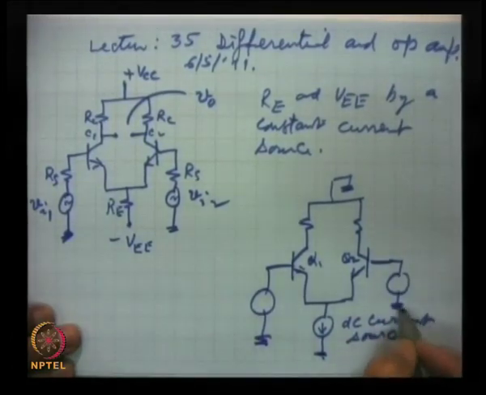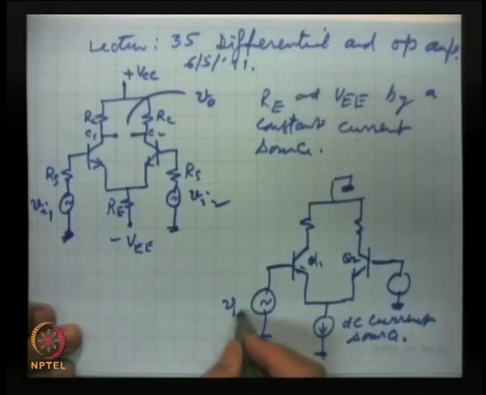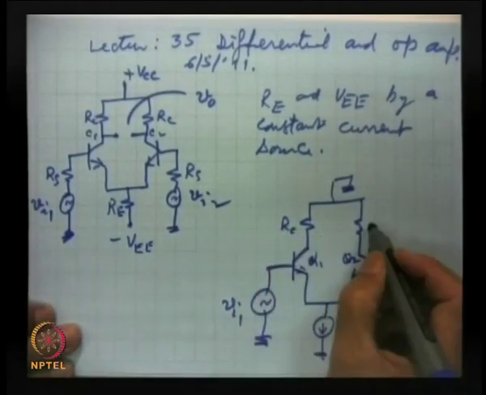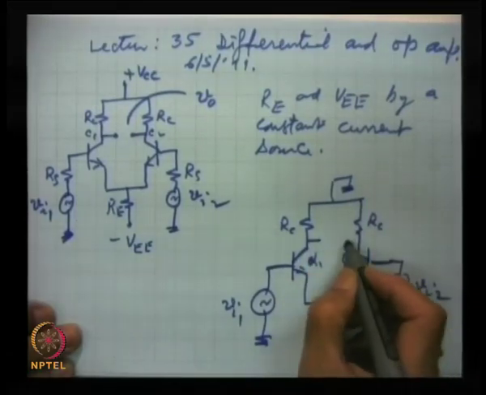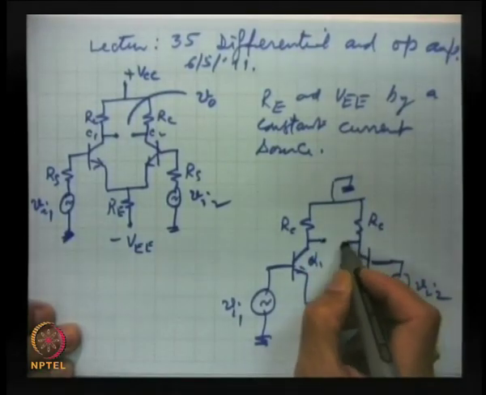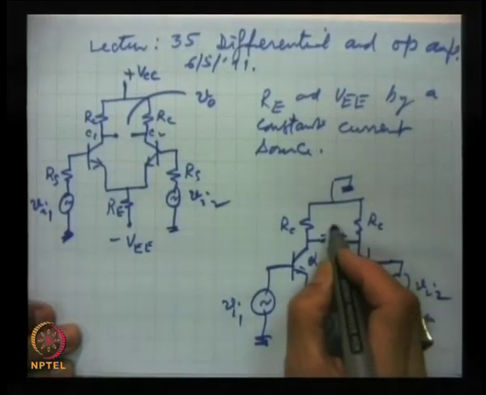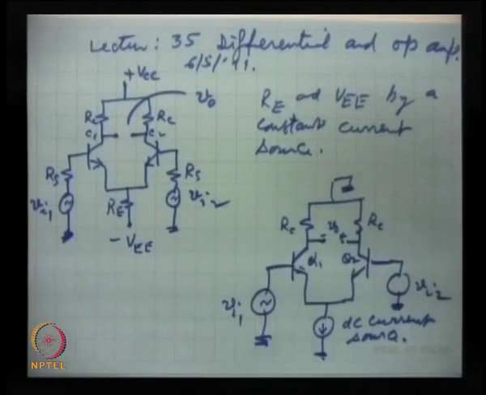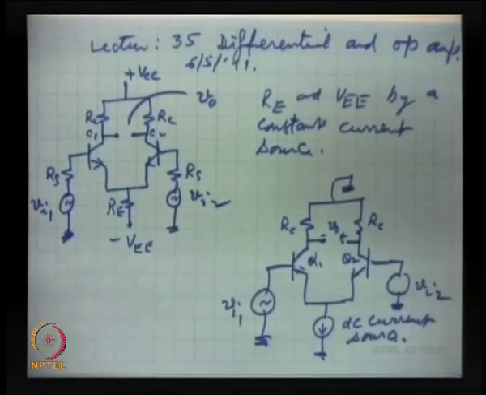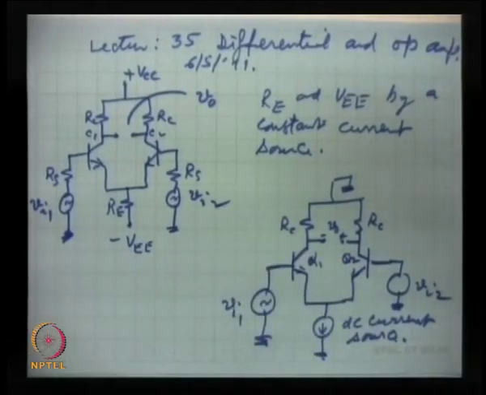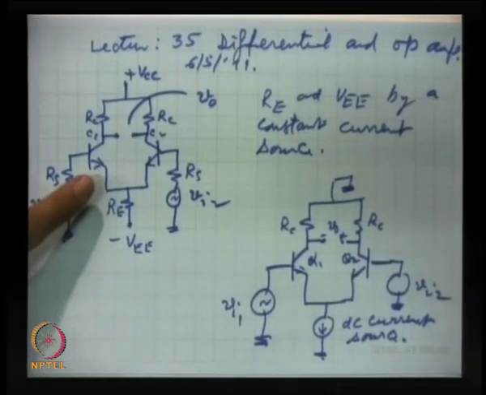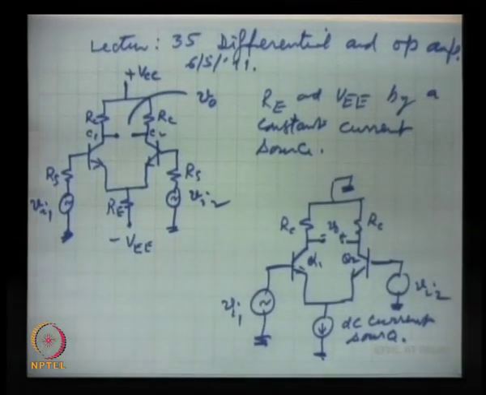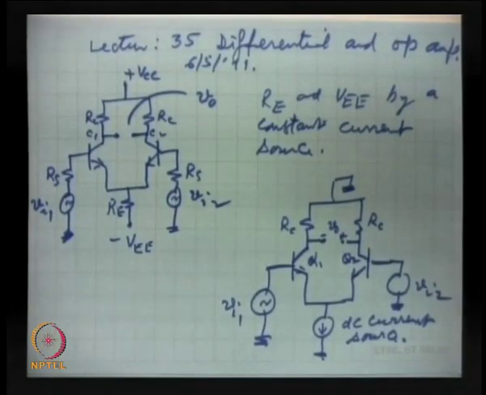And here this is VI1, this is VI2, RC, RC, and the output we take from the two collectors here, plus minus, this is V0. So, this is the equivalent circuit from the basic differential amplifier circuit, which we are going to use for AC analysis.